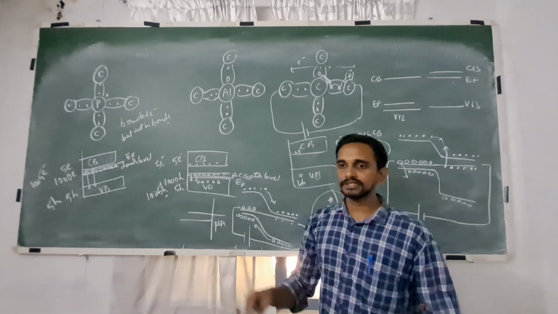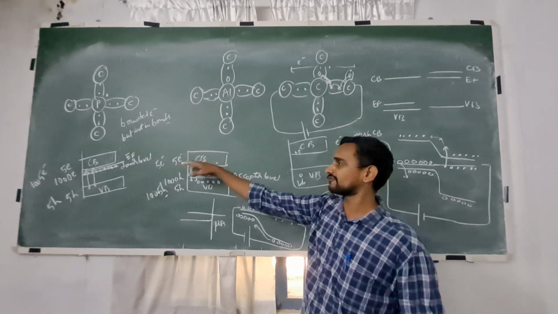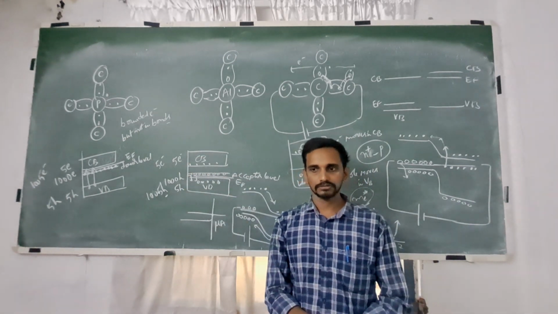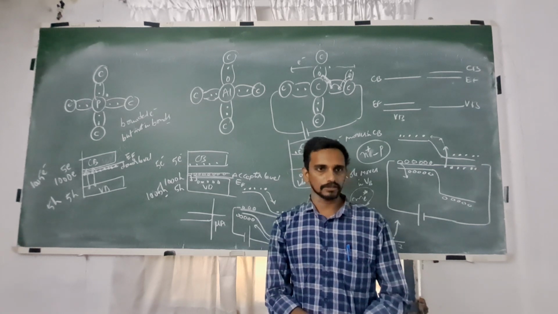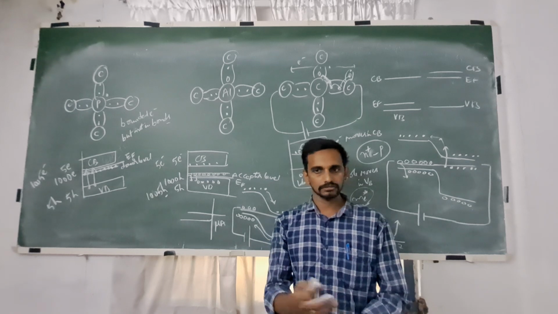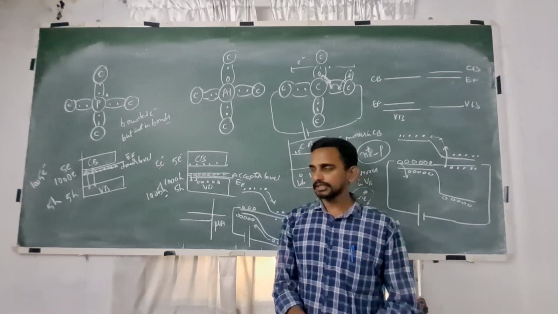This changes only with temperature. At room temperature, if there are 5 electrons, if I raise the temperature, there may be some 10 electrons. There may be some 100 electrons at 70 degrees, maybe some 1000 electrons at 100 degrees. So like that.